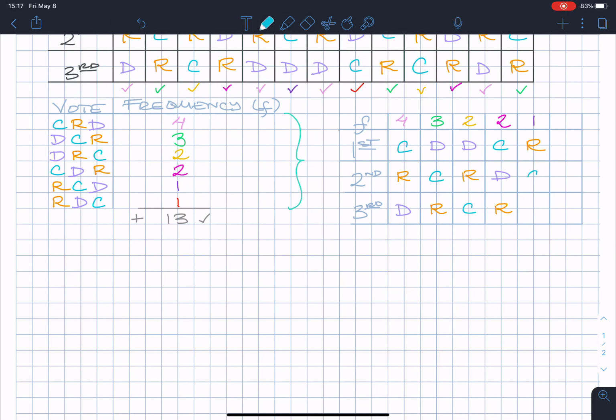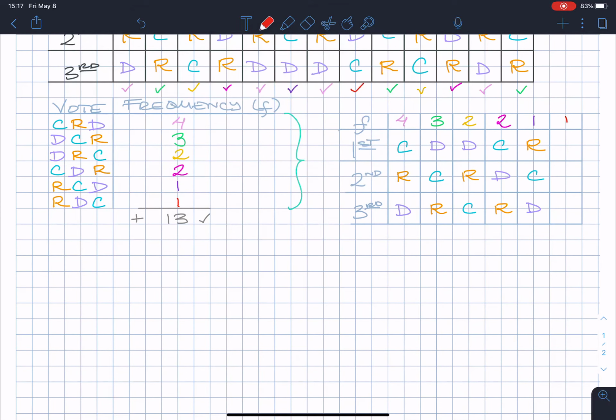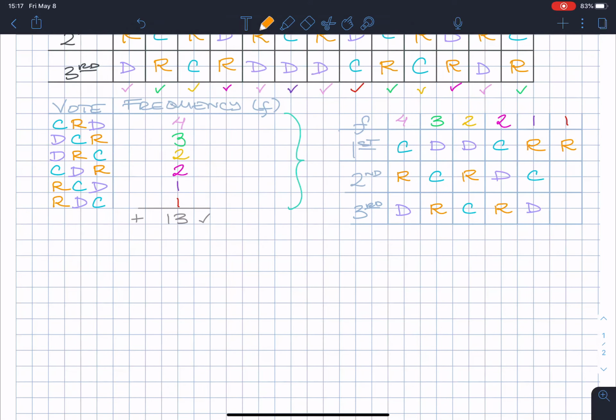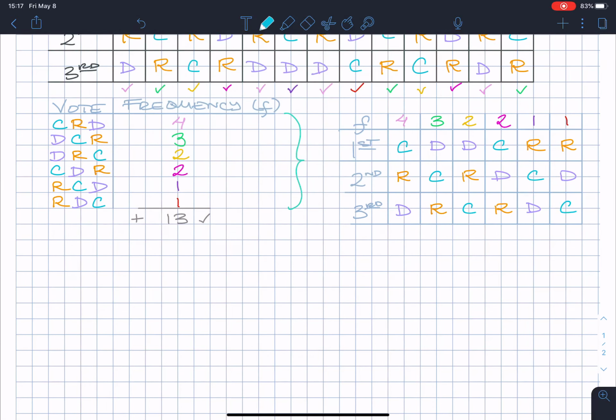And then finally, the last frequency of 1 was rabbits, dogs, cats. These represent the 6 permutations of the 3 possible choices. So this is what's known as a frequency table.